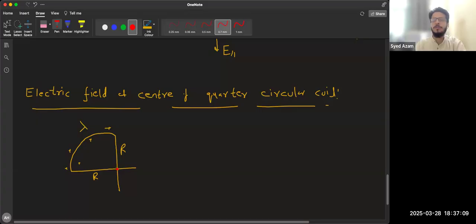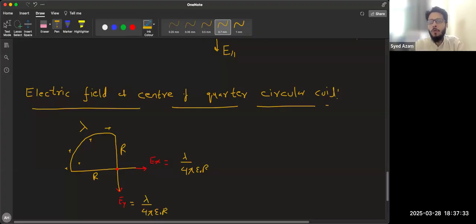At the center, there will be two components of electric field, one is the x component, another is the y component. The value of both the x and y components is lambda by 4 pi epsilon naught r. Ex is lambda by 4 pi epsilon naught r, and Ey is again lambda by 4 pi epsilon naught r.